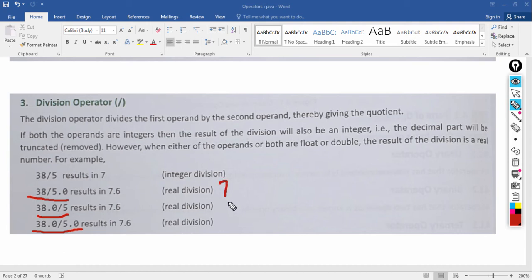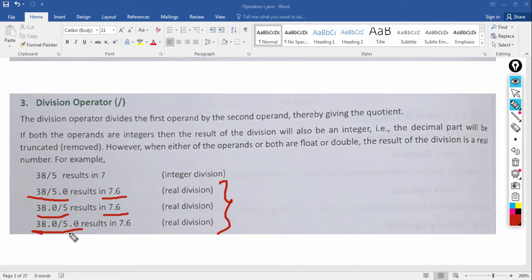Now in all these three cases, there is at least one operand which is in the real form, in the decimal form. That means the result will also come in the decimal form only. So 38 divided by 5.0 will give you 7.6. 38.0 divided by 5 will also give you 7.6.